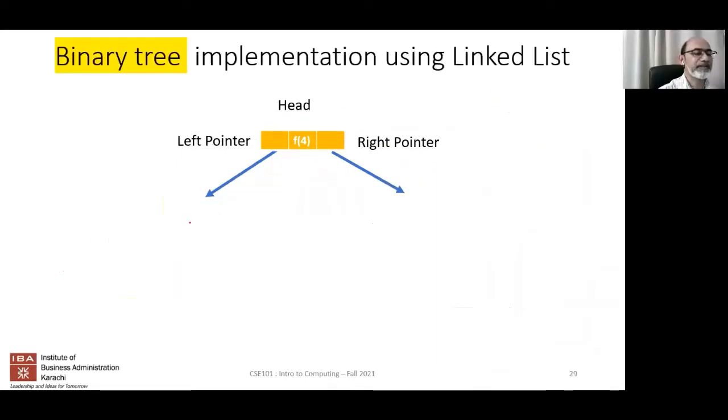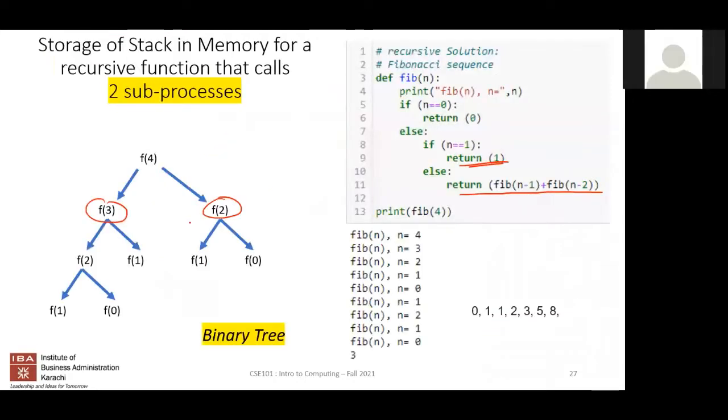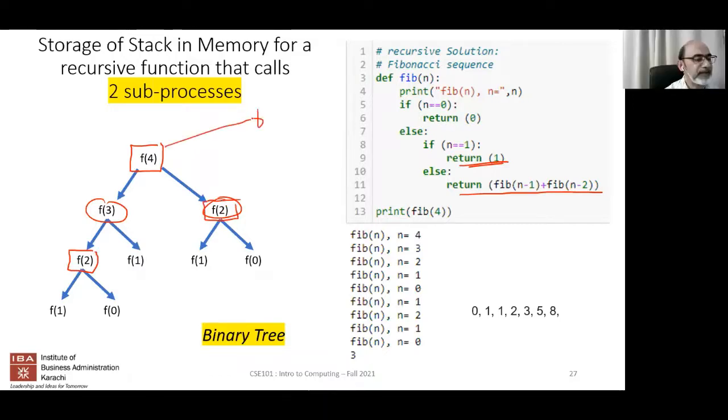Okay, so you raised an important point. When you're doing this, how many times is, let's say, f2 being called? When you're calculating f4, how many times is f2 being called? Clearly, once over here and once over here. Now you can imagine that as this process becomes larger, if you're doing f of 5, it's going to do f of 3 over here as well.